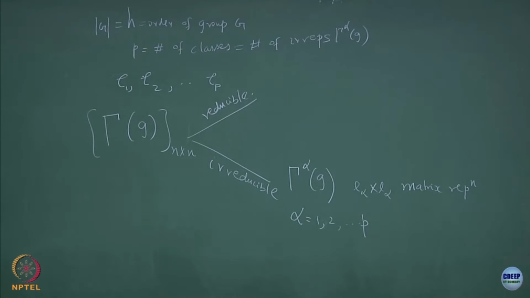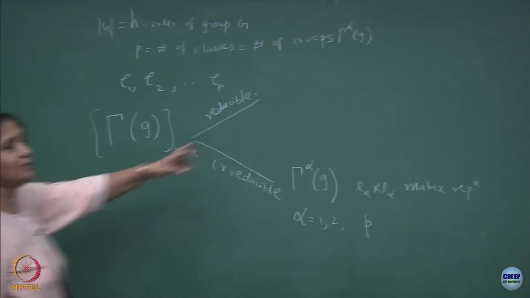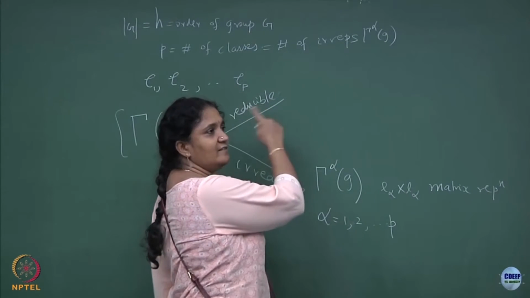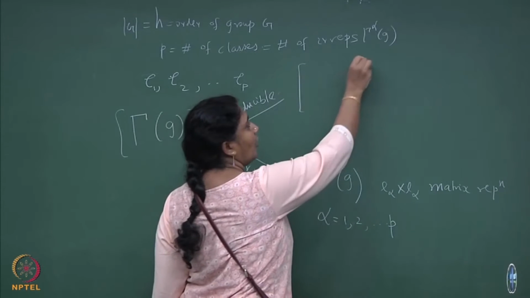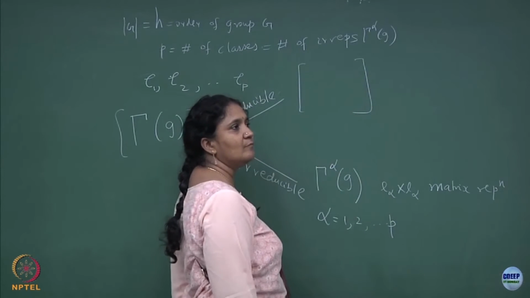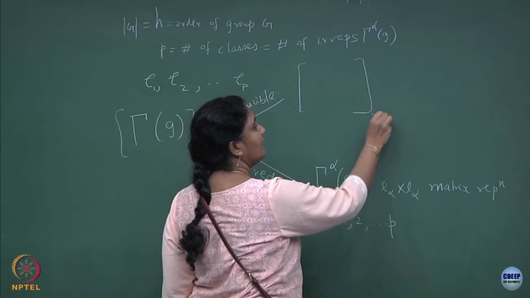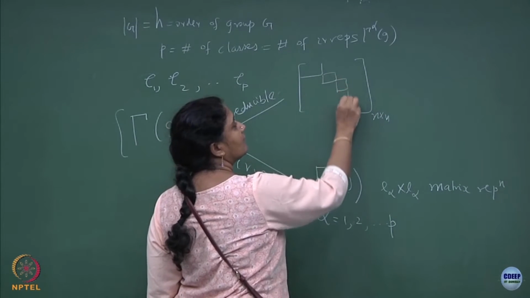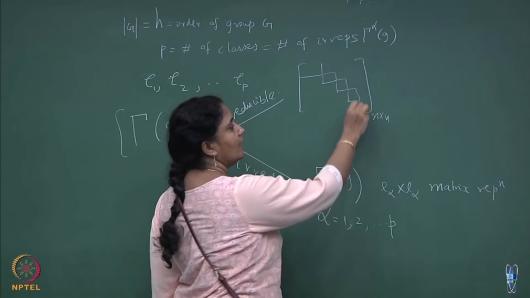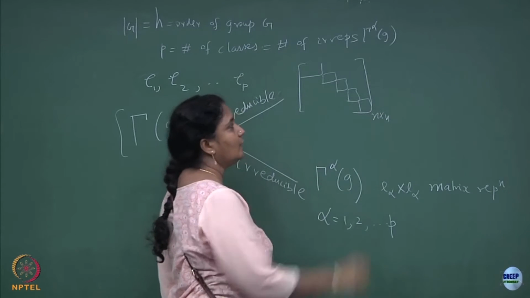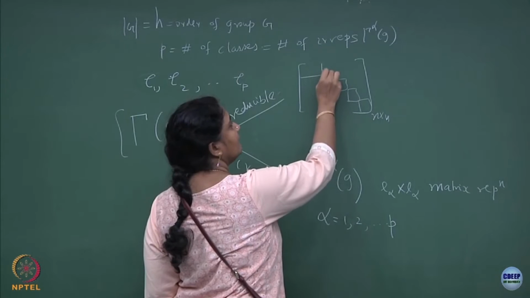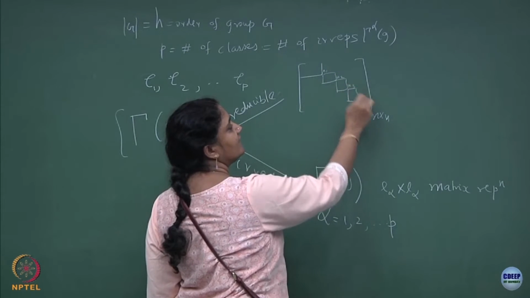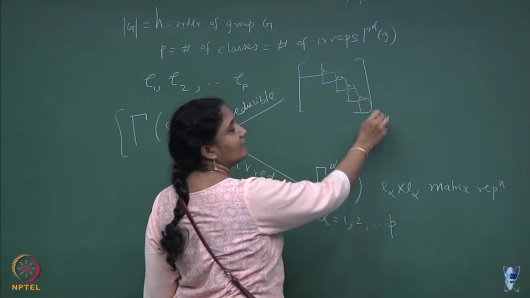Okay. And then what I am saying, reducible means I basically can find an S and bring it to a block diagonal form. So, this n cross n can break up into pieces. Suppose this is n1 cross n1, this is n2, this is n3, this is n4 and so on.